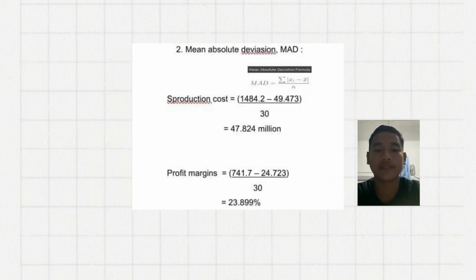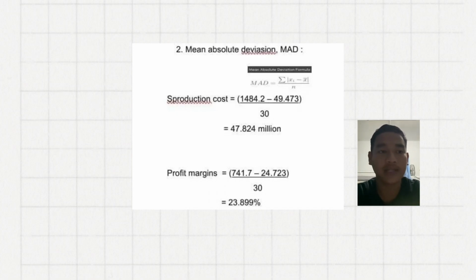Okay, the next formula is mean absolute deviation, MAD. For this part, we take the data one by one and subtract the mean. After that, we divide by the total number of data.